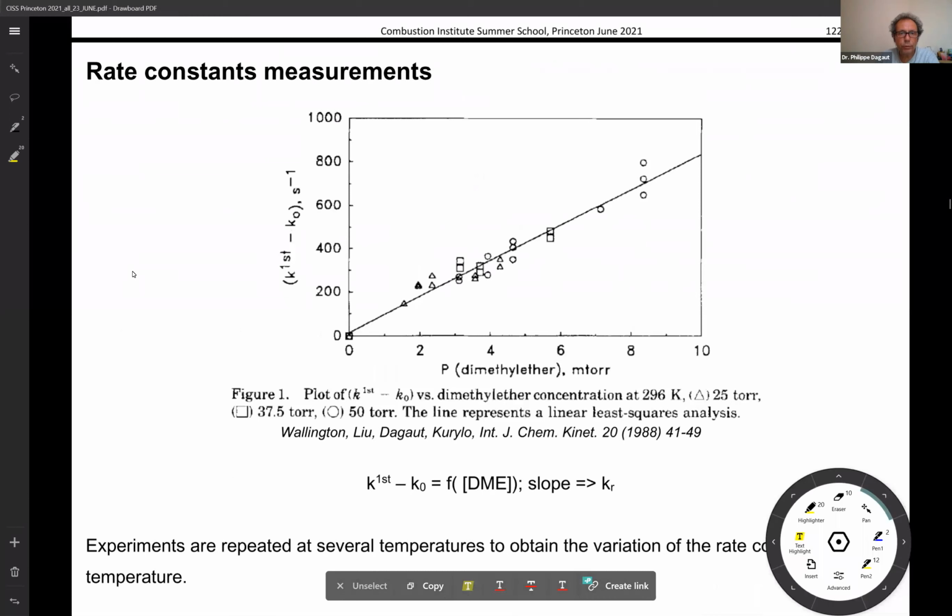And then you will be able to plot this kind of graph, K first minus the K0, which is the loss of OH in other processes, as a function of fuel or reactant concentration, where here it's plotted in millimolar. And then the slope of this line will give you the rate constant. These experiments are repeated at several temperatures to obtain the variation of the rate constant as a function of temperature.